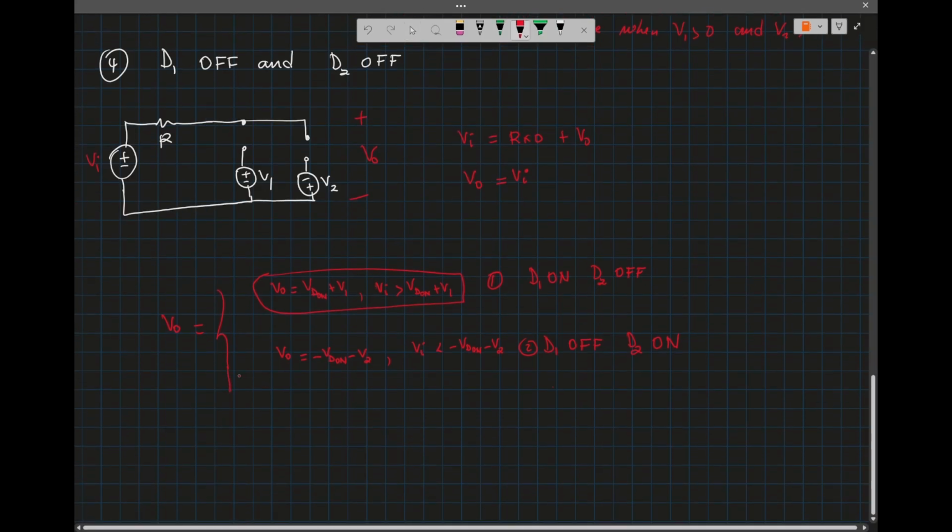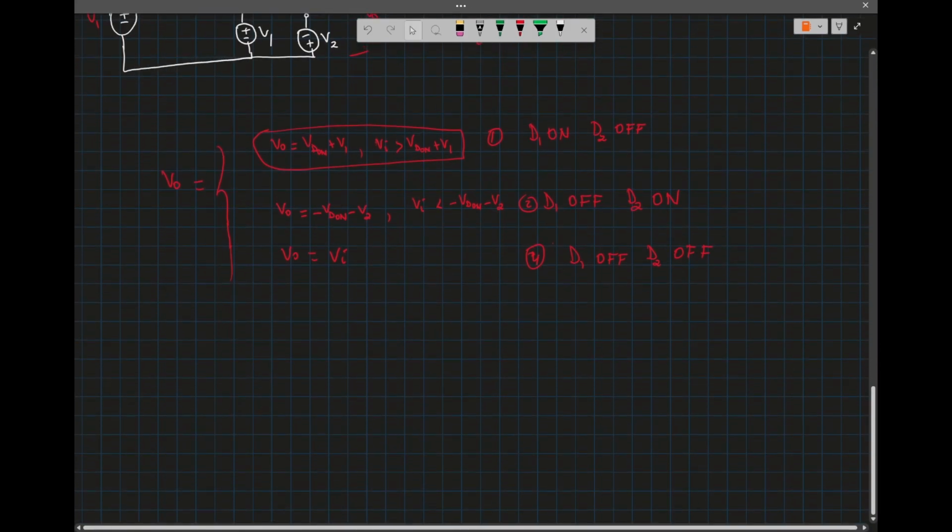And the last condition is V0 equal Vi. That is number 4: D1 off and D2 off, and that middle condition is not possible. So I have my output voltage for each case.